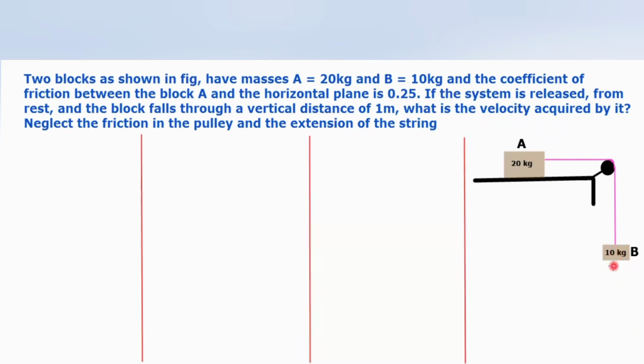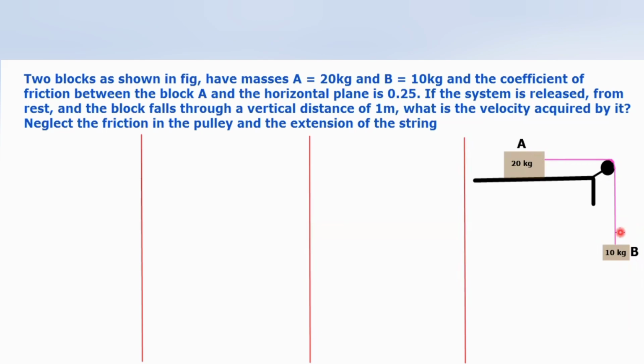If the string is not there, for example if I cut the string here, then it will act as free fall motion. But whenever it is connected by a string, that means connected bodies, it will not act as free fall, but it will act as normal linear motion, or motion in a straight line.